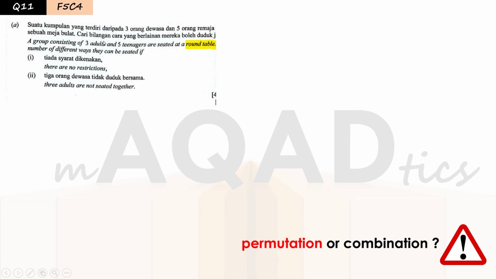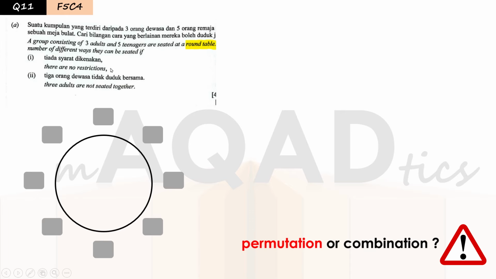Because here we have the 3 adults and the 5 teenagers, and we need to arrange them in this round table. Let's say we have this round table here and there are 8 seats in total. We can arrange the 3 adults and the 5 teenagers in these seats, so we are looking at their seating arrangement. So we are going to use permutation.